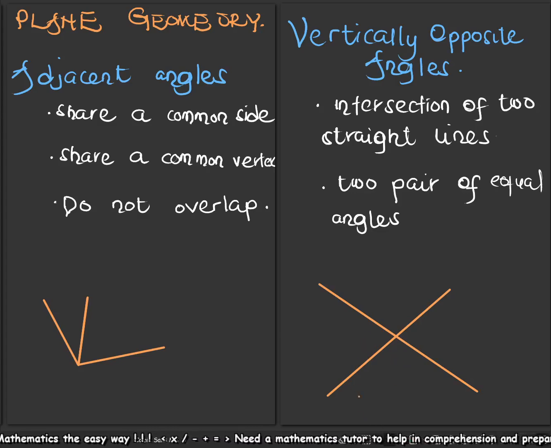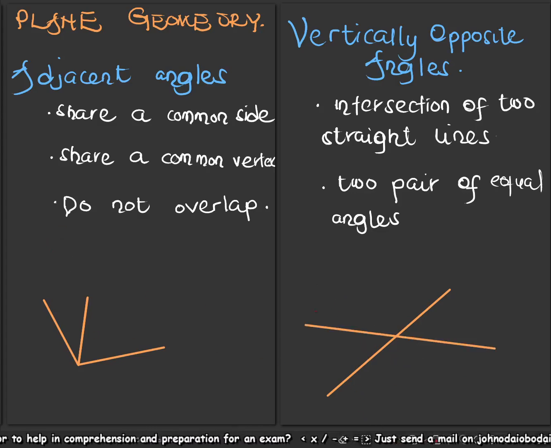For the angles that are being formed, you realize that two of them look the same. So two pairs of equal angles are formed, and we say they are vertically opposite. The first one being this here, and then this.